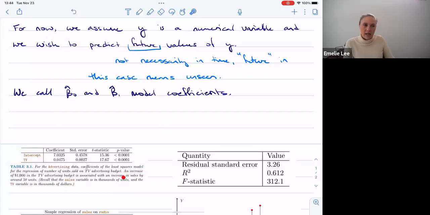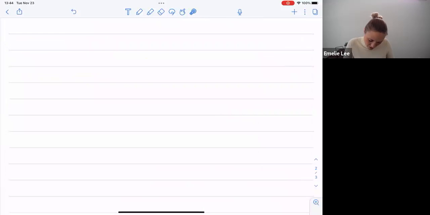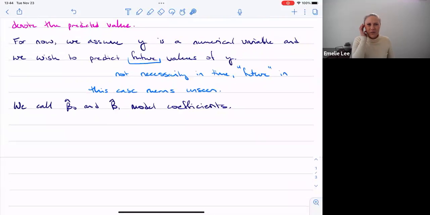Now I did cheat and I wanted to bring in some output to talk about, but I don't want it quite yet. So I'm just going to add a page here, because I didn't want to write all those tables out. So I got lazy. The example we're going to use to illustrate these concepts is on advertising.